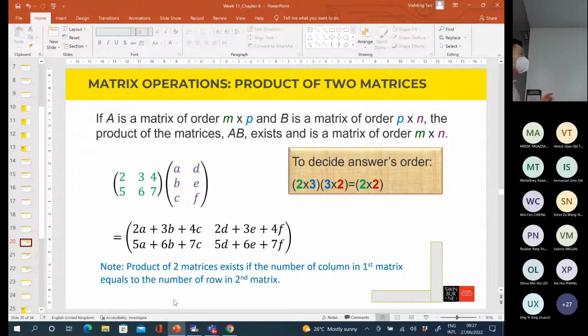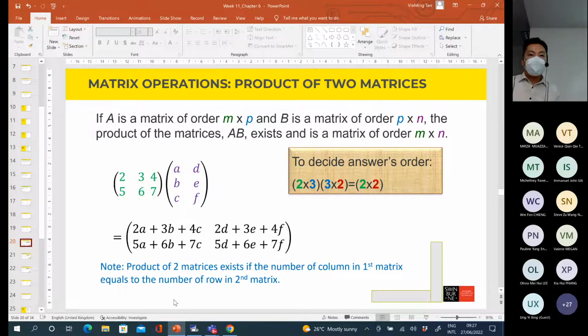The next section still involves multiplication of two matrices. But be careful, before we can conduct any product operation for two matrices, we need to check the number of rows and number of columns for both matrices. What is the reason?